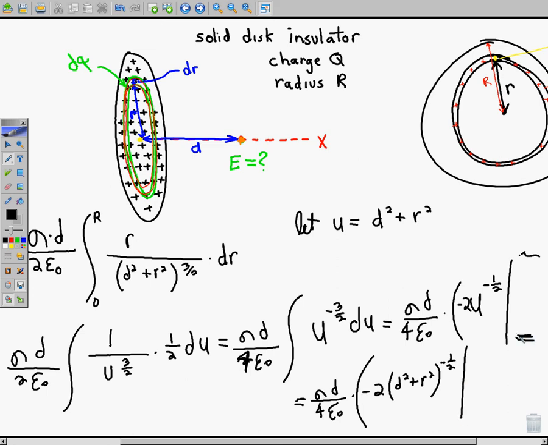And now, my boundary conditions, since I put it back in terms of r, I can bring back 0 to r.